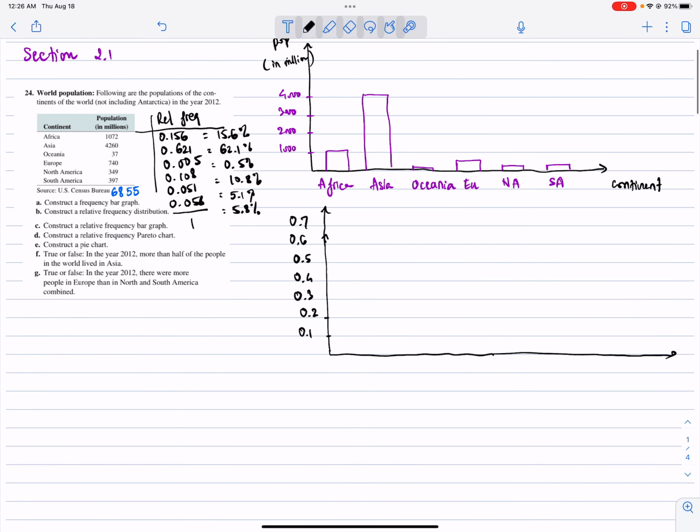Okay, now the first one we have is 0.15. It's between 0.1 and 0.2. And label, so this is Africa. The next one is Asia, so 0.6 and a little bit more than 0.6.